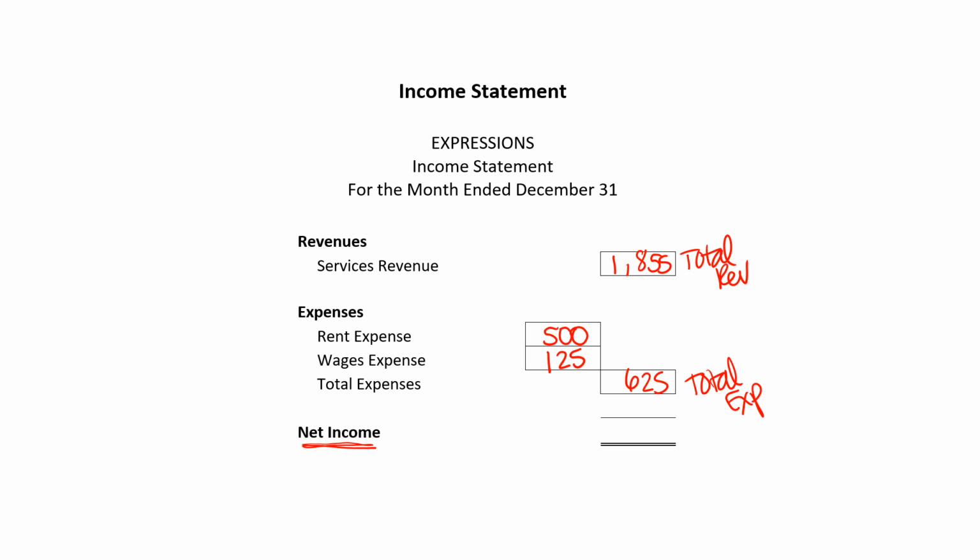So you take total revenue minus total expenses, and that's going to give you net income of $1,230. So we need that to go forward to the statement of retained earnings, because remember, net income, so revenues and expenses, affect equity, and that's what we're looking at with the statement of retained earnings next.